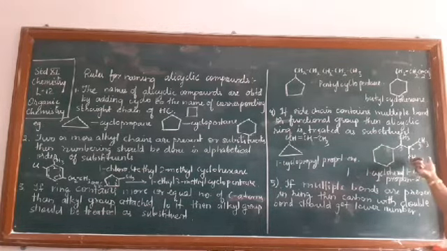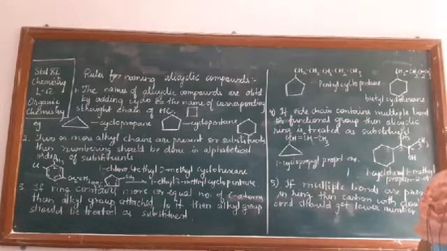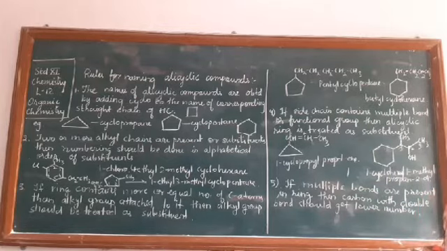Have you understood? So whenever OH is there, that means that chain should be considered as the parent chain, and this ring will become the substituent. Okay.